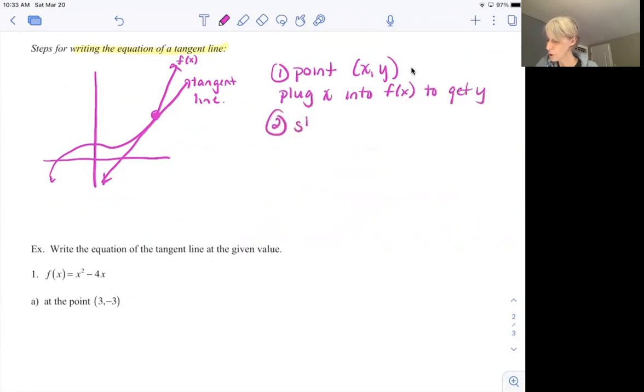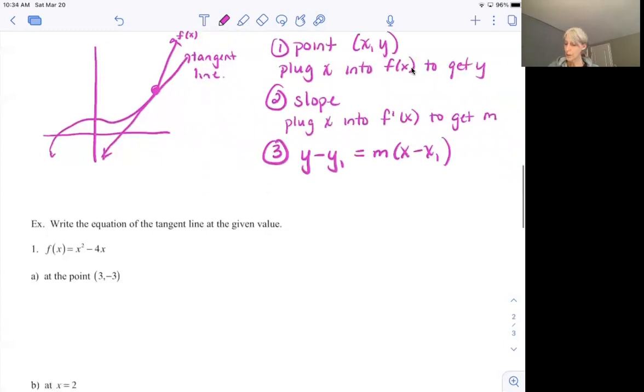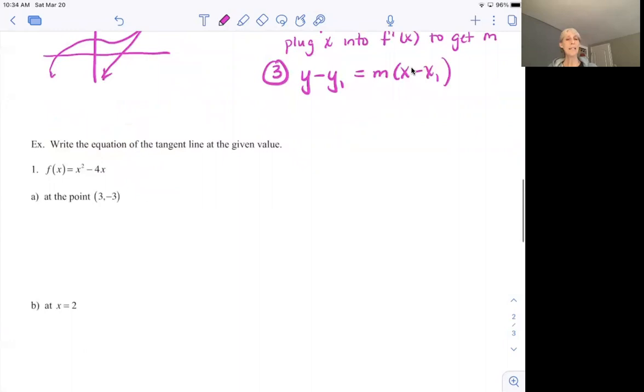We're going to find the slope: plug x into f prime of x to get the m. And then we're going to put it into our formula. That's really it.